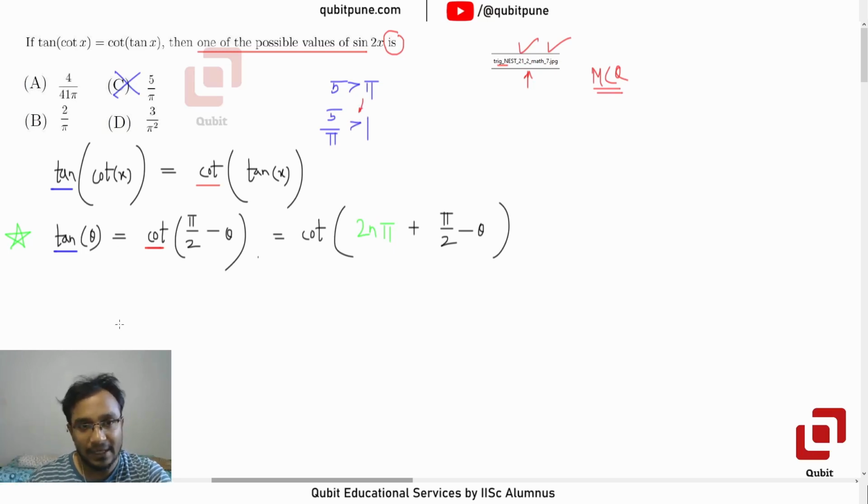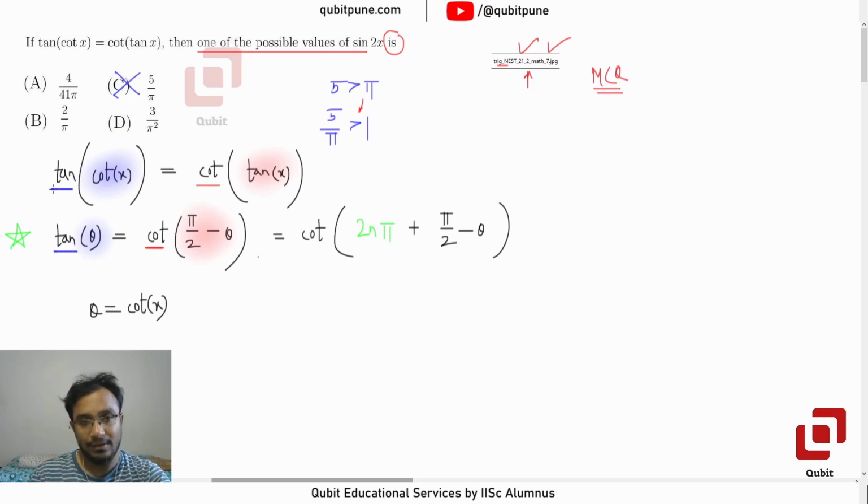Now let us apply the conditions here. Naturally, we would now like to put cot x as theta. So we will say let theta be cot x. But then what would tan x be? Tan x would be pi by 2 minus theta.